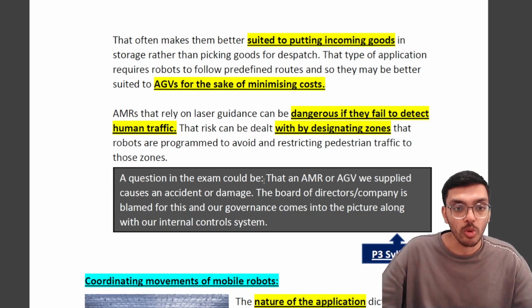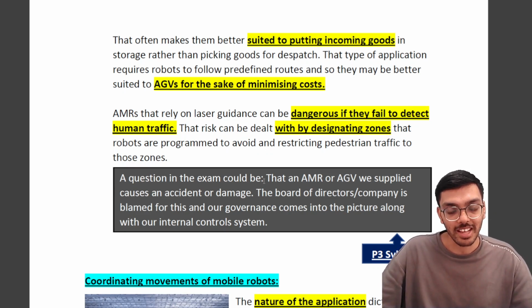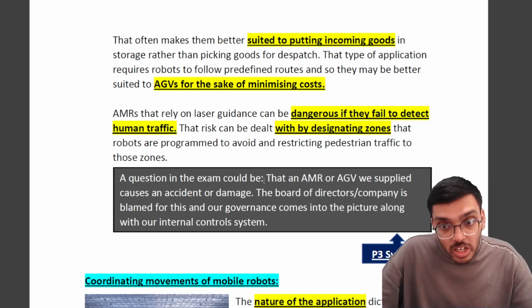traffic to those zones. A question in the exam could be that an AMR or an AGV we supplied causes an accident or damage. The board of directors is blamed for this, and our governance system comes into the picture along with our internal controls.